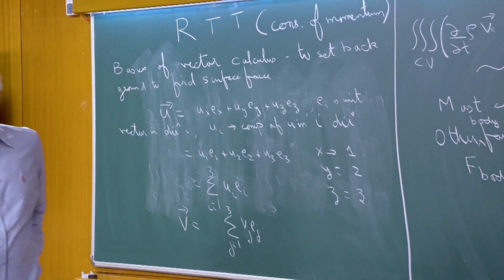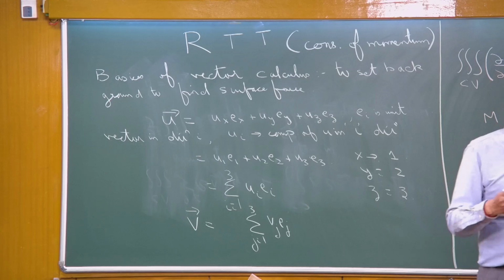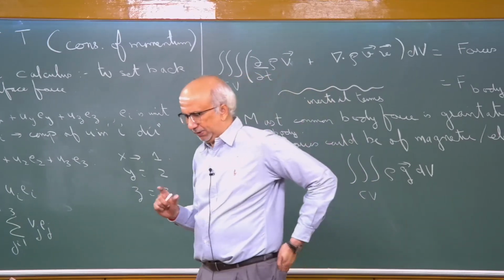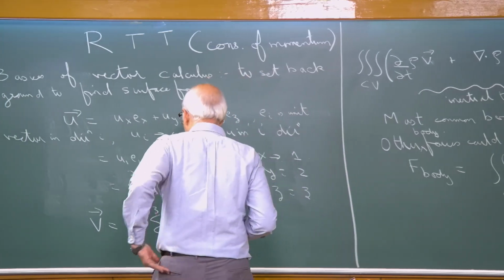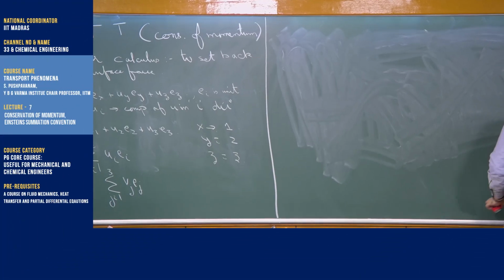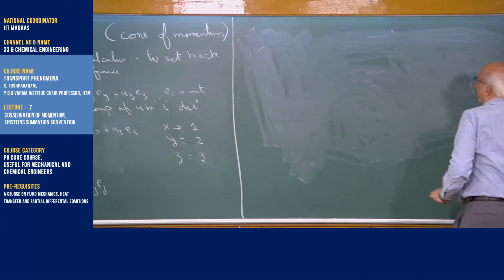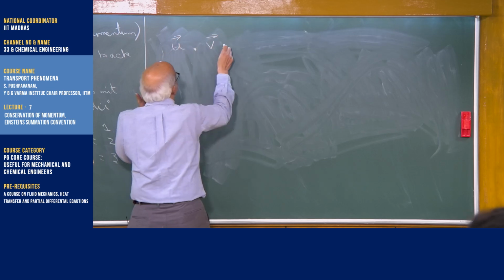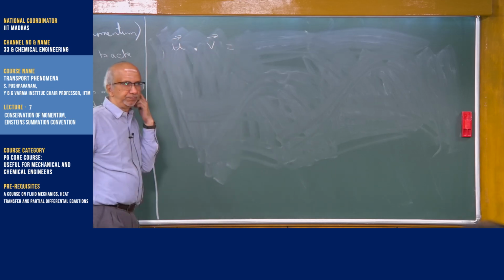It does not matter, right. j is also going to go from 1 to 3 and i is also going to go from 1 to 3. I can use i also, but for keeping things general, I am keeping them different. When it comes to finding the dot product of u dotted with v, okay.